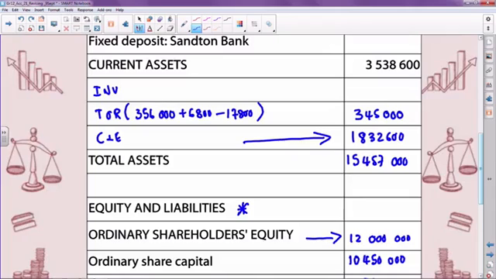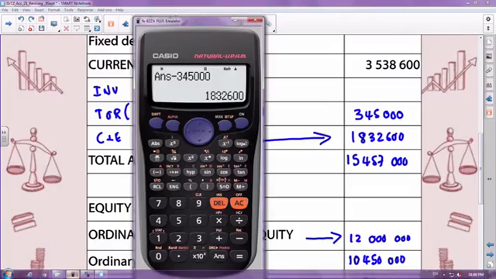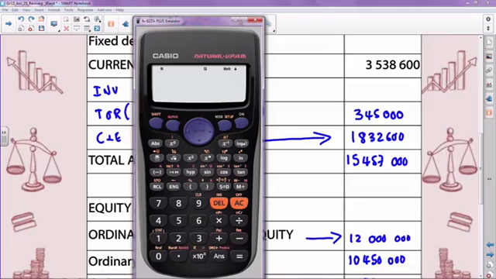Obviously, what am I now going to do? I'm going to take my 3,538,600, which is my total of my assets, minus 345,000, minus 1,832,600, which is equal to 1,361,000.